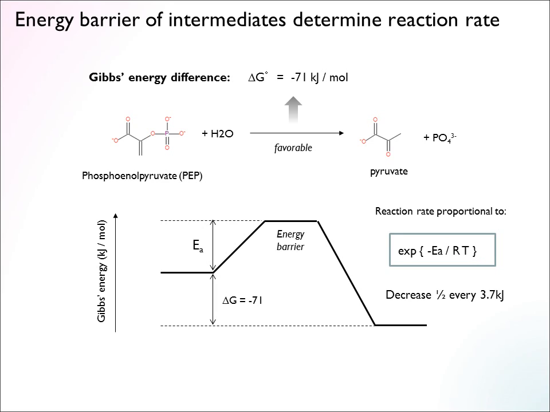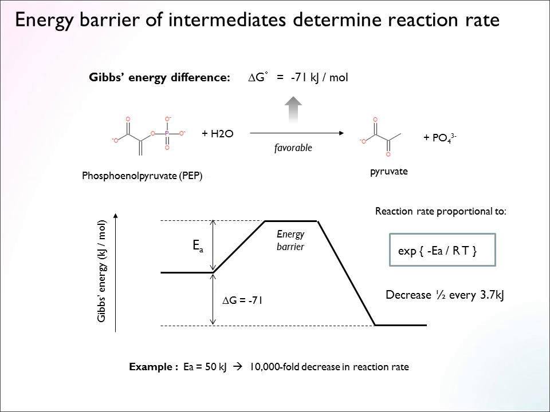So it scales the energy by how much thermal energy you have in solutions at room temperature. But anyway, if you calculate this out, the reaction rate decreases in half about every 3.7 kilojoules. So that tells you how strongly this depends on the activation energy.